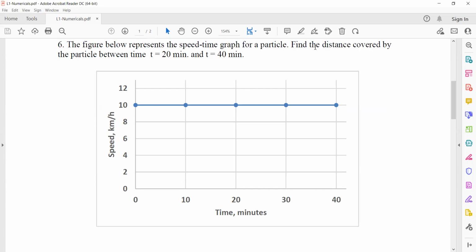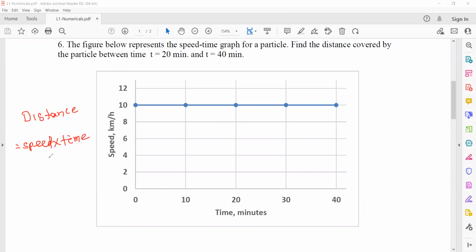We have to calculate the distance covered by the particle. So in order to calculate distance, we need two very important things. One is speed. So distance is equal to speed multiplied by time.